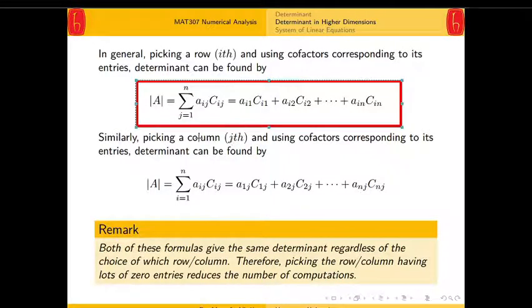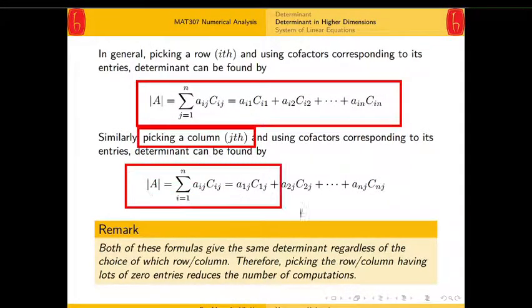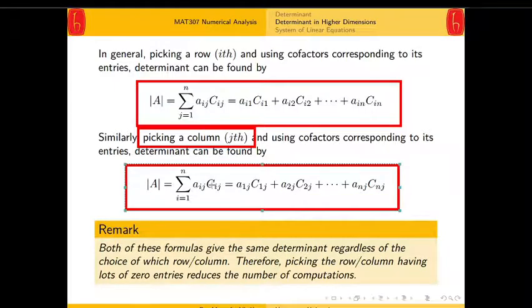Similarly, we can do the same with a column. So say we pick a column number j, the jth column, and then we can still use a similar formula. This time we will have the cofactors times the entries on that column, and this summation will give us the determinant. No matter which direction you go, whether you choose a row or a column, you obtain the same determinant.